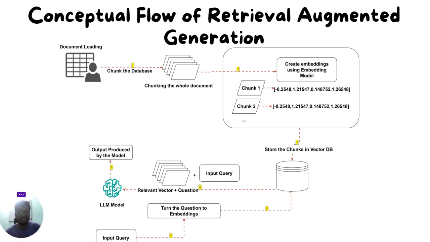It actually looks amazing, and you can give that to the large language model, and the large language model will produce the output based on the query asked by the user. So this is the entire conceptual flow of Retrieval Augmented Generation.